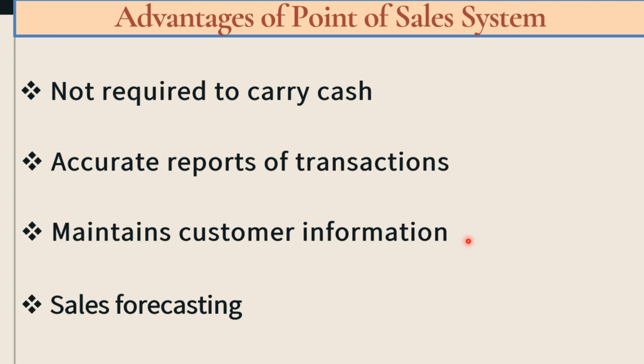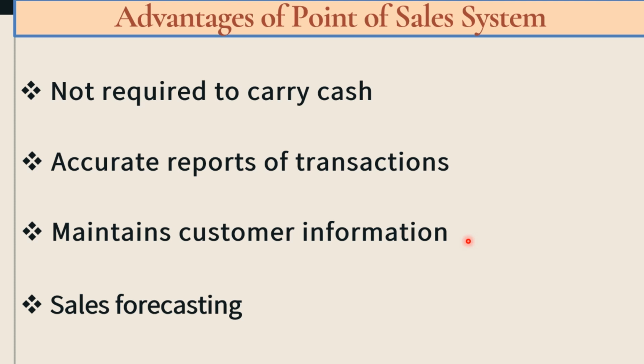Therefore, it is very essential to maintain the information of the customers. These devices are very helpful to find out the types of customers and the demand category of the customers, and in this way the device is helpful for maintaining various information of the customers.